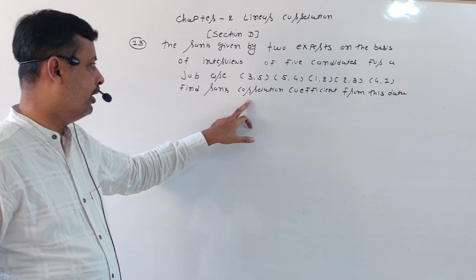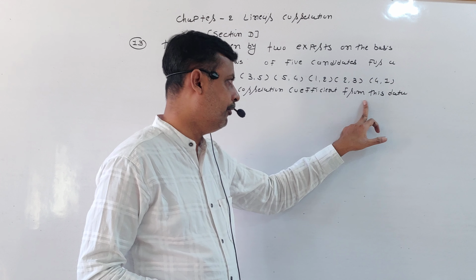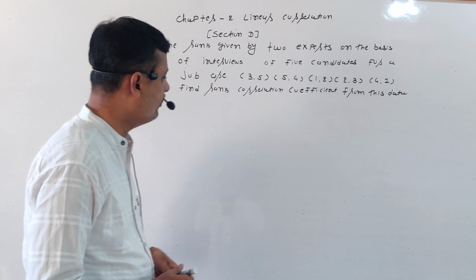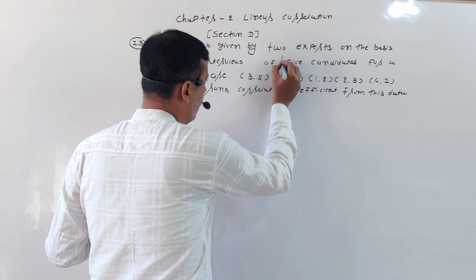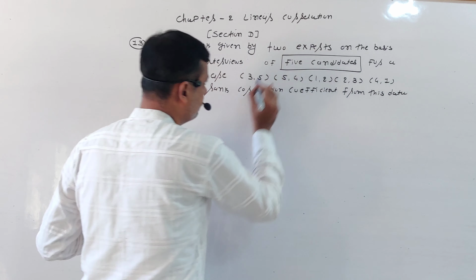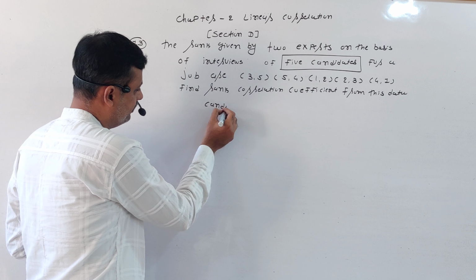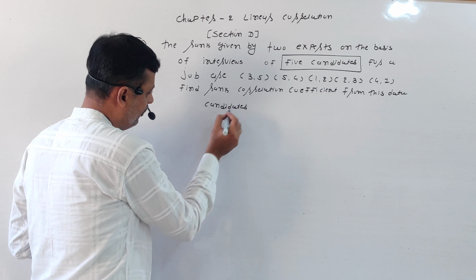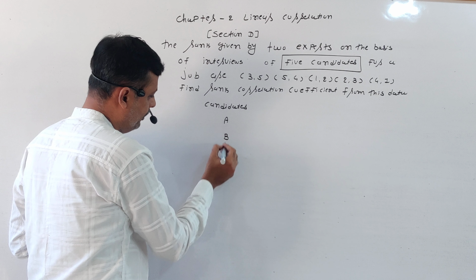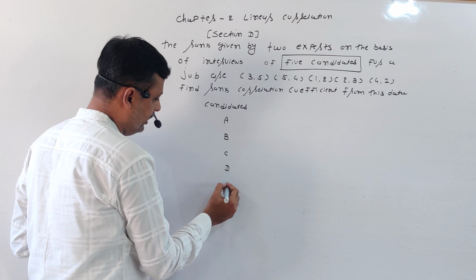Find the rank correlation coefficient from this data. So here 5 candidates are given. First we take the candidates: A, B, C, D and E.